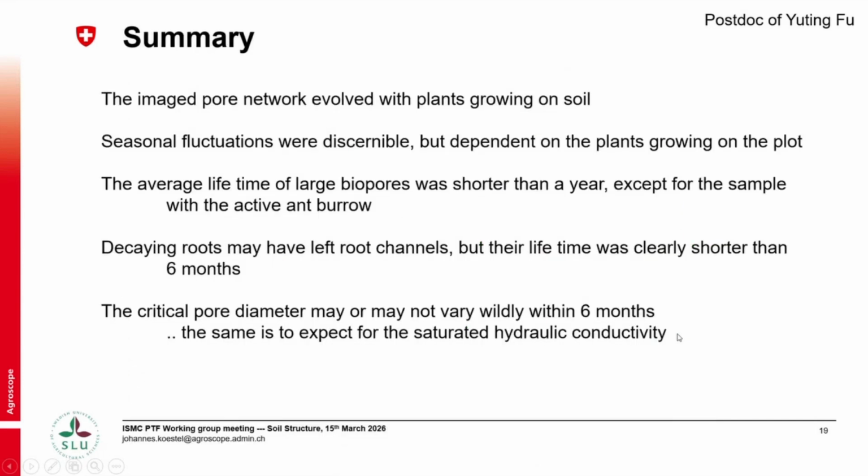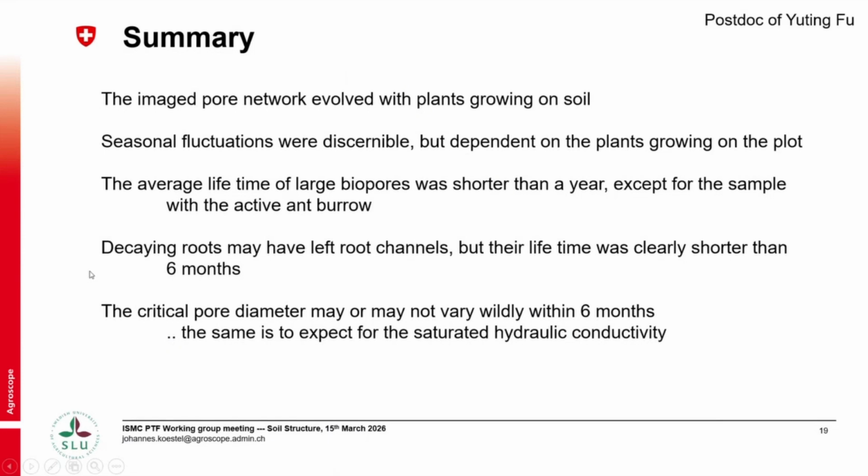Okay, so the image pore networks evolved with plants. As a summary, seasonal fluctuations were discernible, but depended on the plants growing on the plot. The average lifetime of large biopores was shorter than a year, except in the presence of ants.